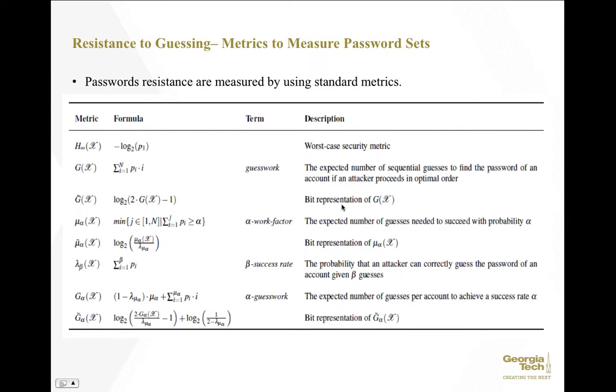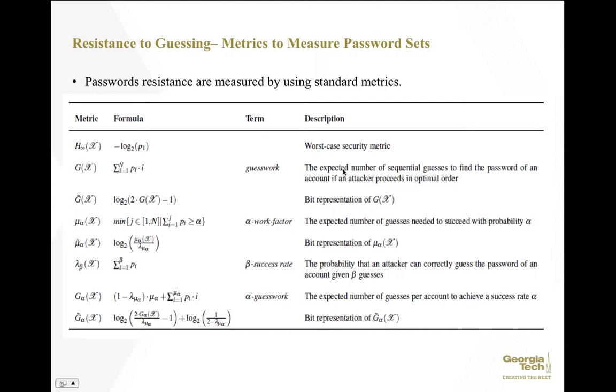After the huge amount of analysis of the Chinese and English passwords, the author began to test their resistance. Password resistance is measured by some standard metrics.